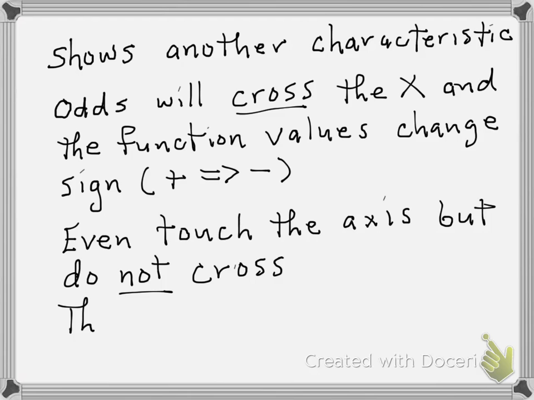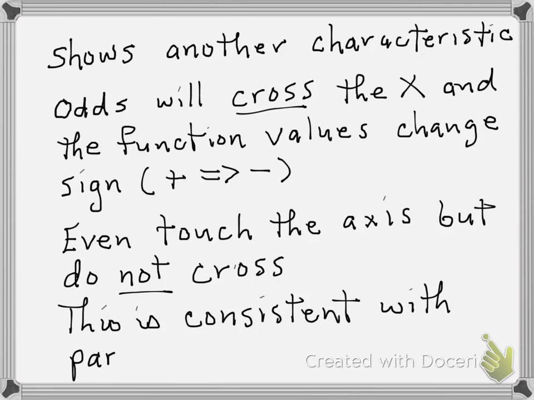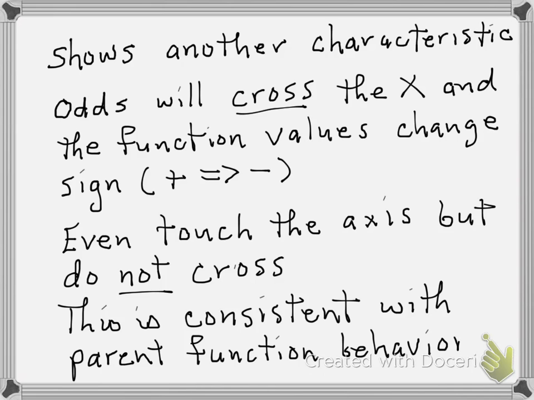So if it's below the x-axis, the function value is still going to all be negative. If it's above, it's going to be positive. Now, all of that is consistent with our parent function behavior. Okay, odd, x cubed, crosses the x-axis. x squared, x to the fourth, and so on, do not cross the x-axis, and so it's actually consistent with parent function behavior.